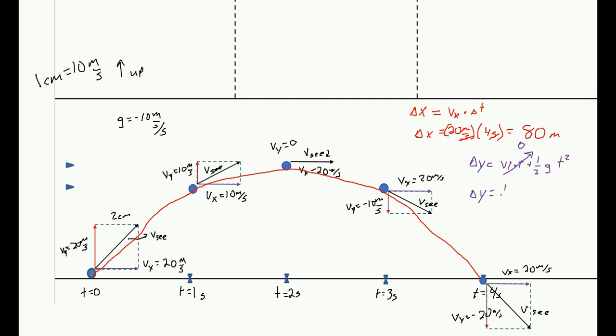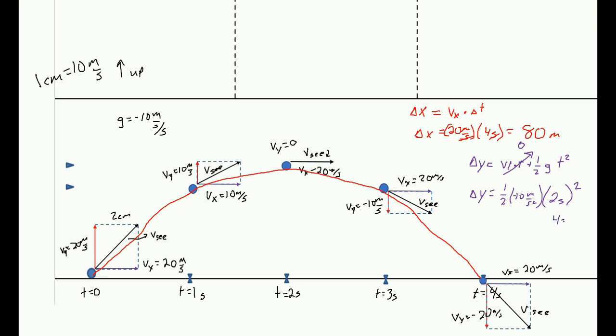And we can simply take 1/2 10 meters per second squared, negative, include the direction, and our time that it took to fall was from 2 seconds to 4 seconds. That was a total of 2 seconds to fall squared.